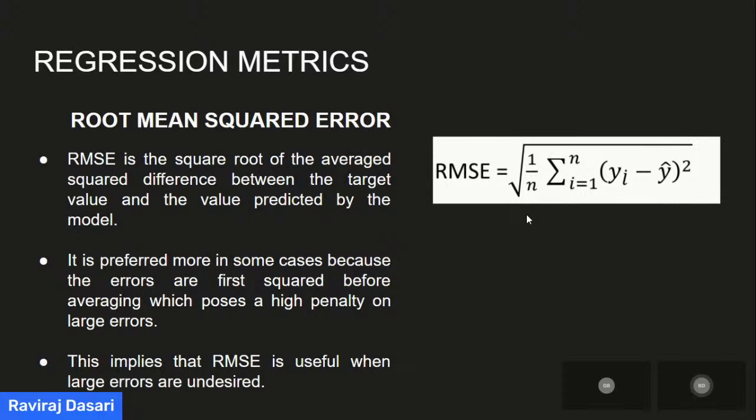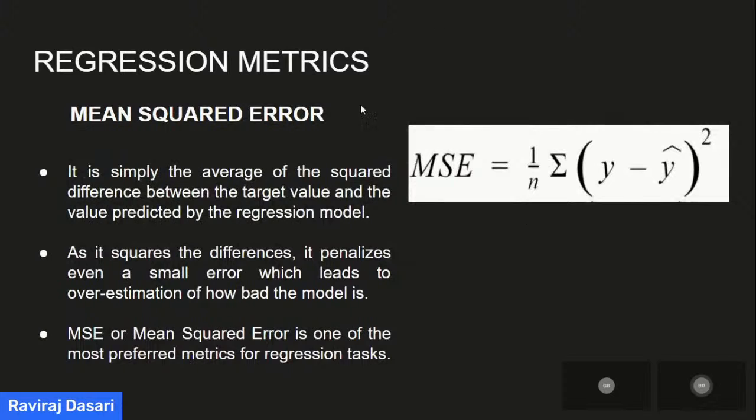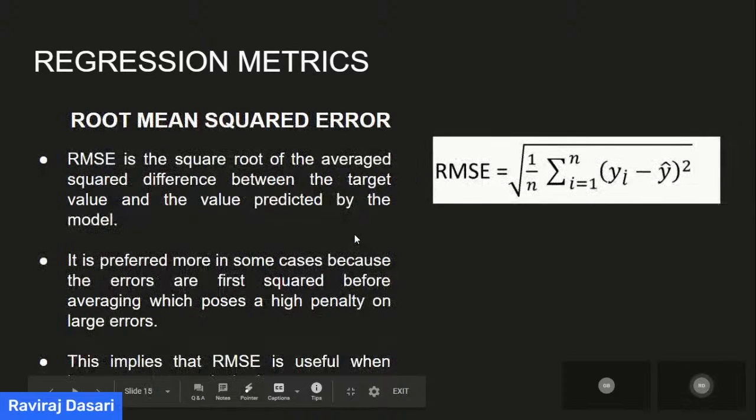So you will use RMSE in that case. Mostly we use RMSE because MSE directly squares the value and then takes the average. But when you use root mean squared error, you get a smaller value of the error, but you are still penalizing the large errors.